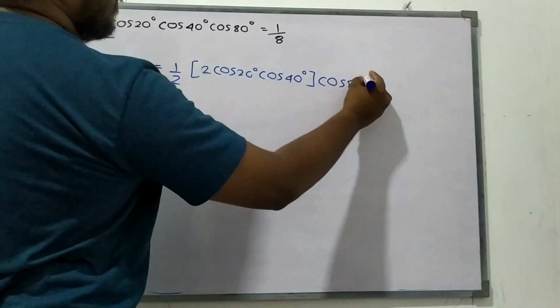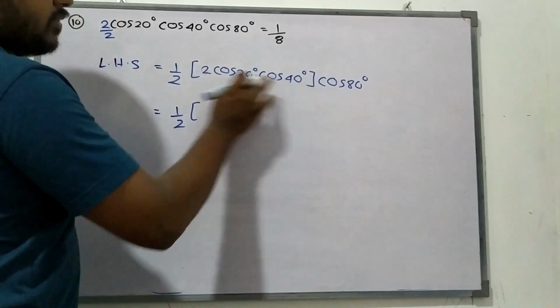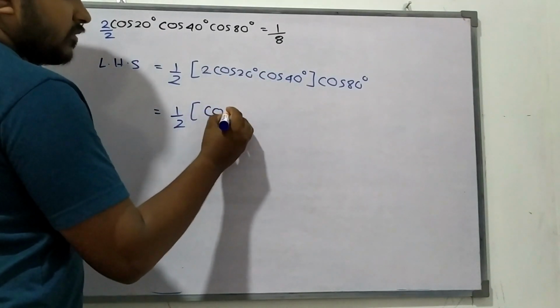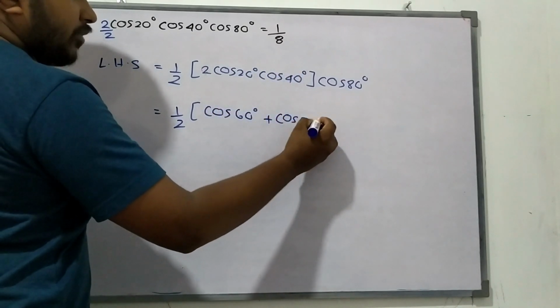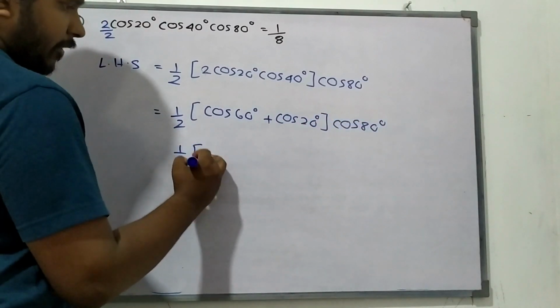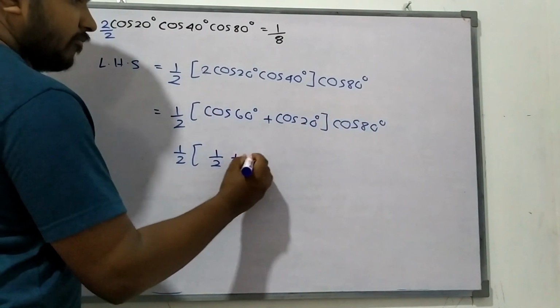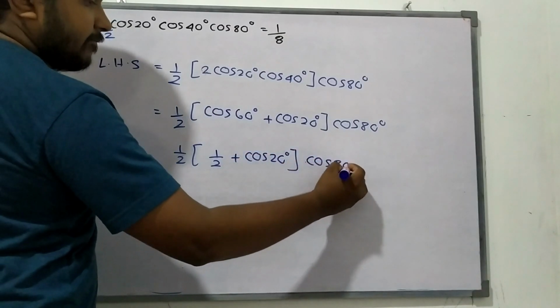Cos 80, right? Half. This is cos addition, cos subtraction. Half. Cos 80 mean half, no? Cos 20 into cos 80.